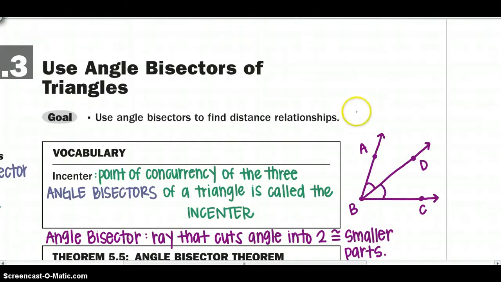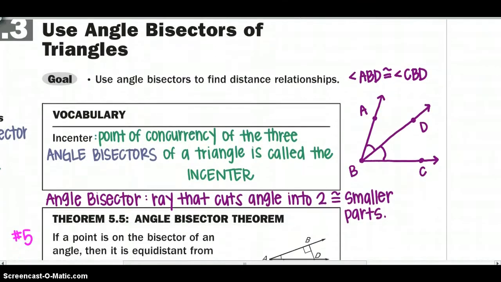So an angle bisector makes angle ABD congruent to angle CBD. So just a little refresher, and we're going to learn more about what that angle bisector tells us.